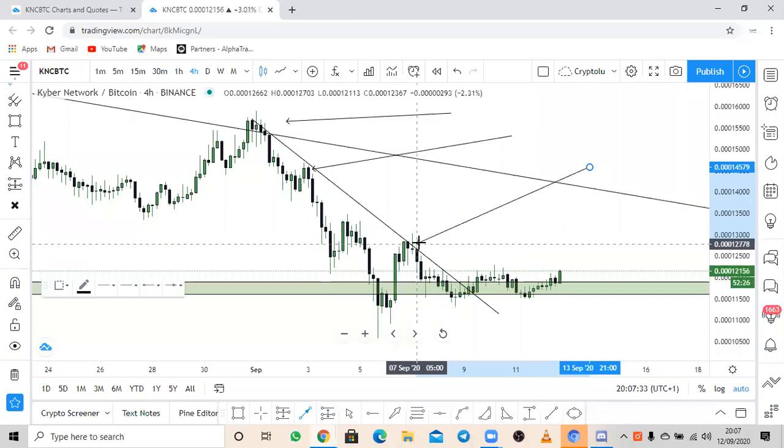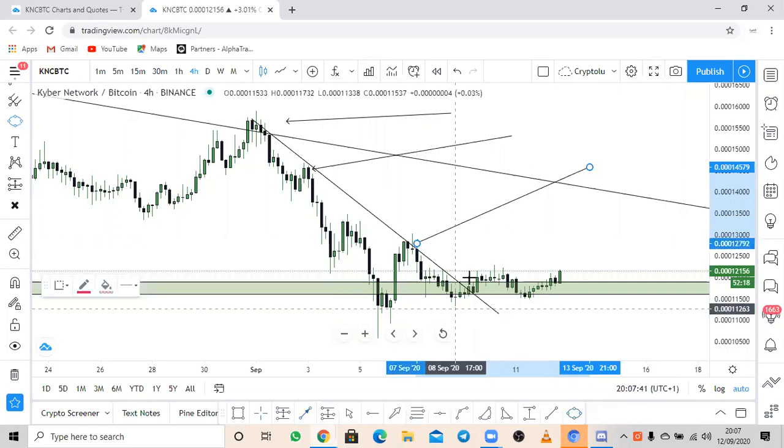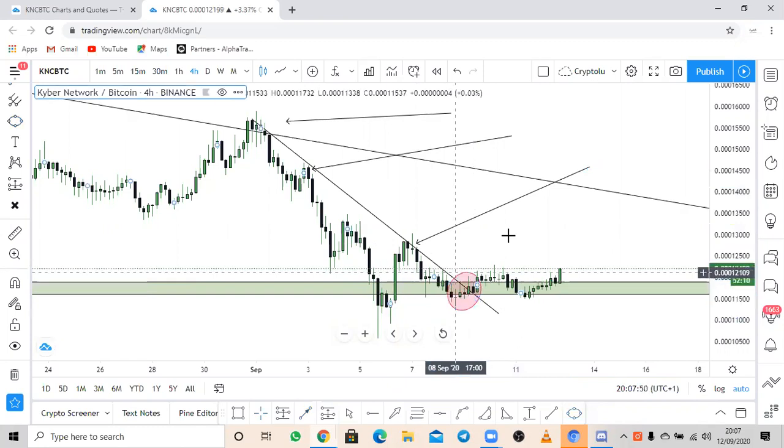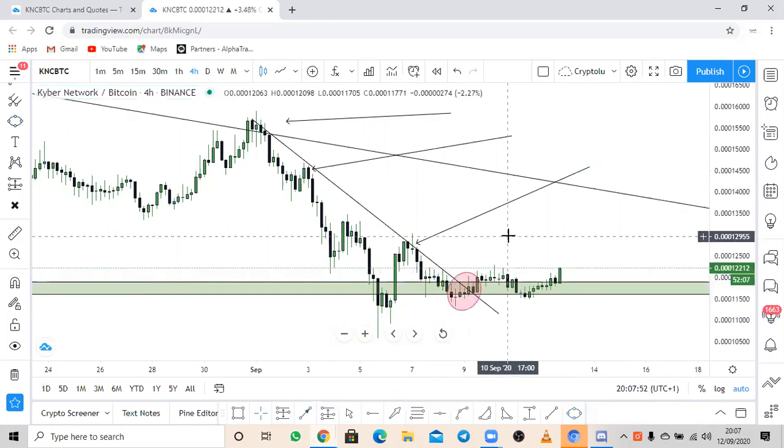Then we had the breakout at this level, and we started consolidating around that level. So on the 4 hour, we know we have a breakout, and price started consolidating around this side.